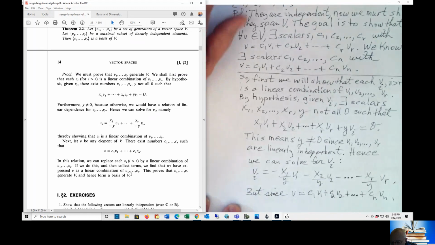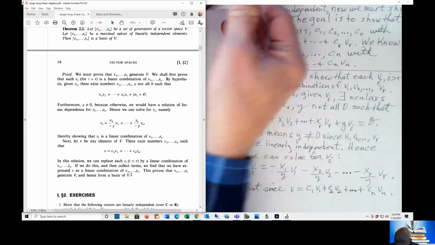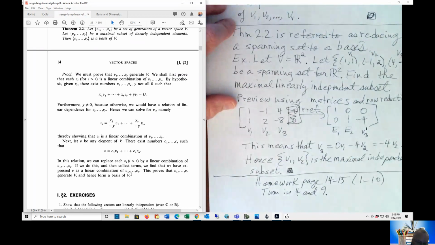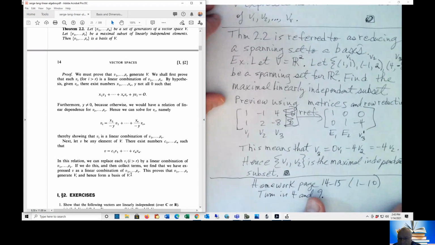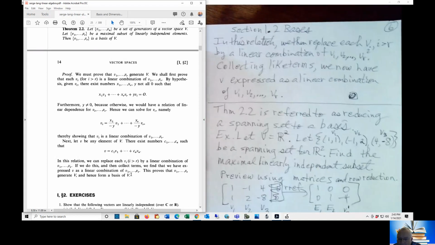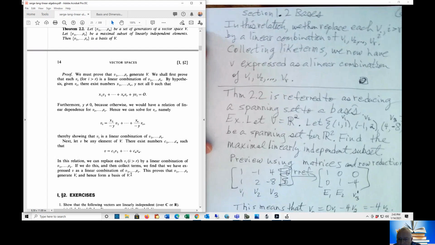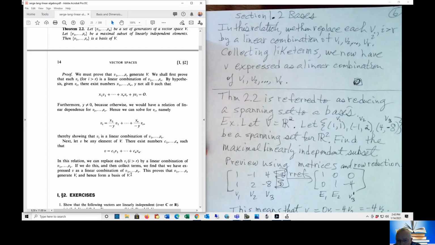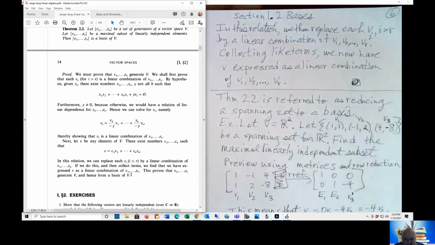We know that already, okay? Now, if you take that combination where i is greater than r, in that relation, we can replace each v_i where i is greater than r by a linear combination of v1 through v sub r.